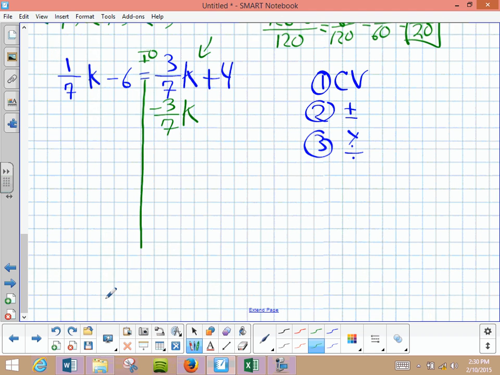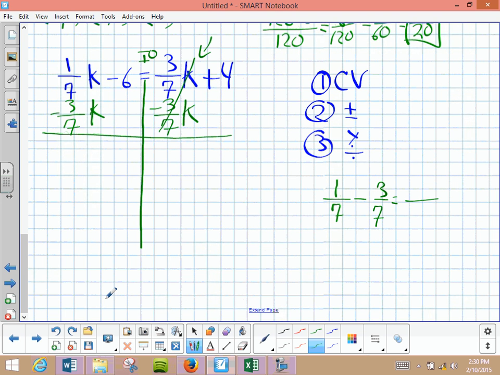You do that, and then that goes away. But I'm going to do it on the side to show you how. It's 1/7 minus 3/7. Here's a little thing I want you all to understand. When you're adding or subtracting and the denominators are the same, all you have to do is subtract or add the numerators.